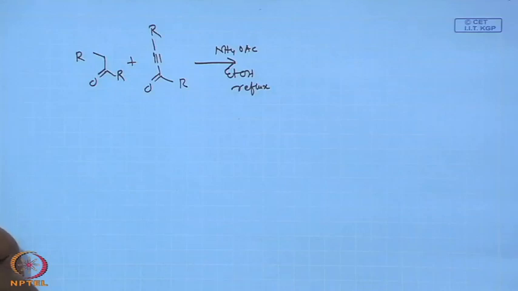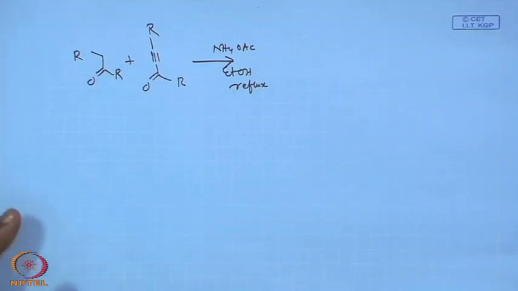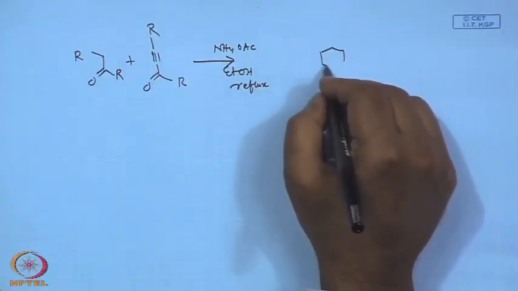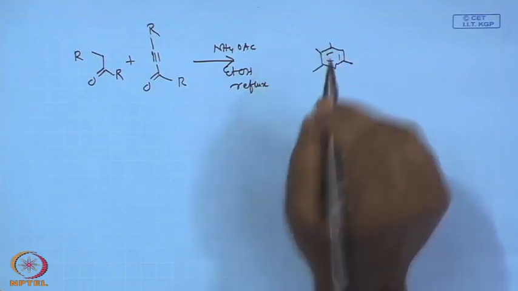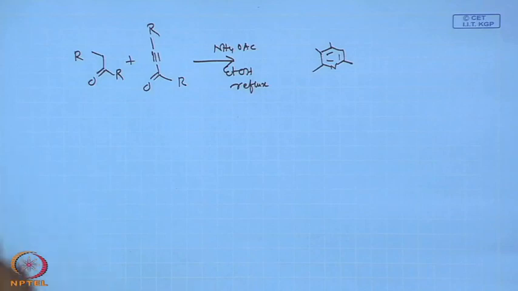What does it mean? You have just simplified the reaction conditions, that means you do not have to have the pre-prepared enamine. Take the ketone and the acetylenic ketone and this ammonia source, and straight away in one pot you will get this pyridine derivative. Okay. Now, there are other ways.